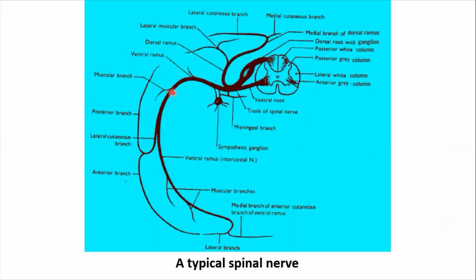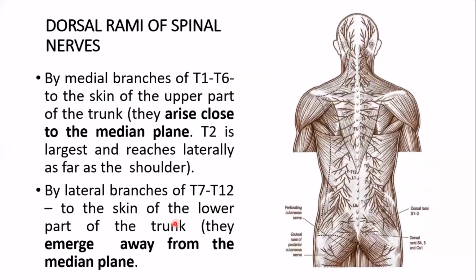Very important. So this ventral ramus divides into a lateral cutaneous branch and an anterior cutaneous branch. The anterior one divides into lateral and medial branches. This is medial and this is lateral. And the lateral cutaneous branch divides into posterior and anterior branches. It's very simple.